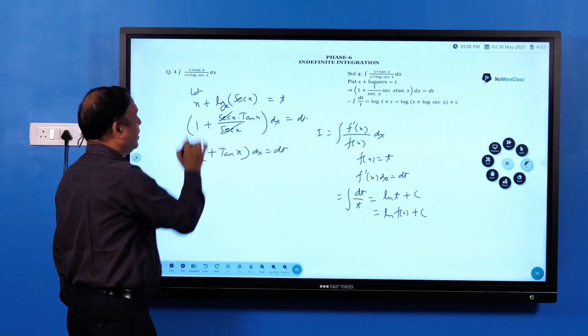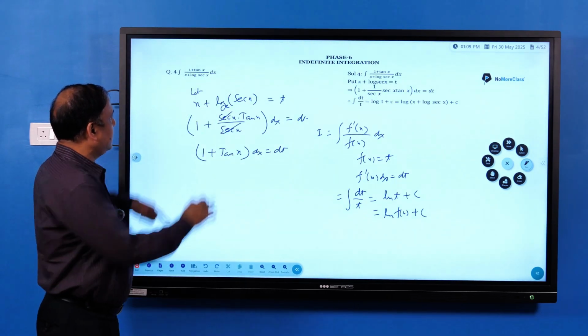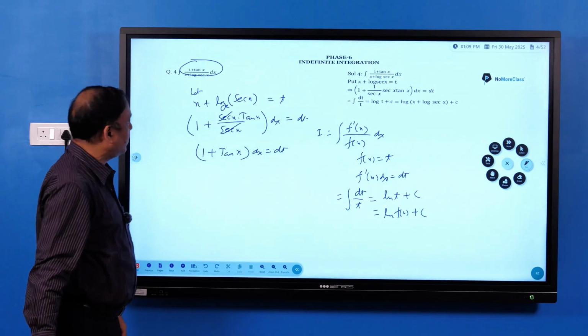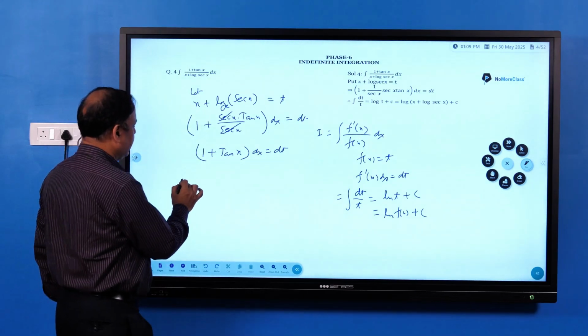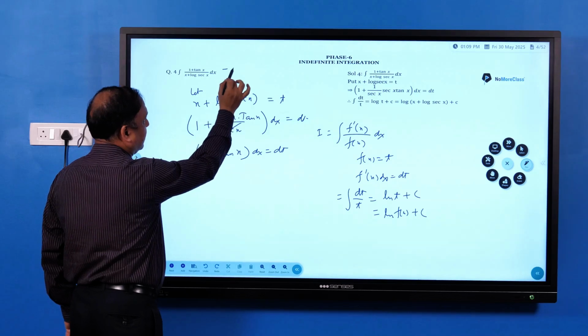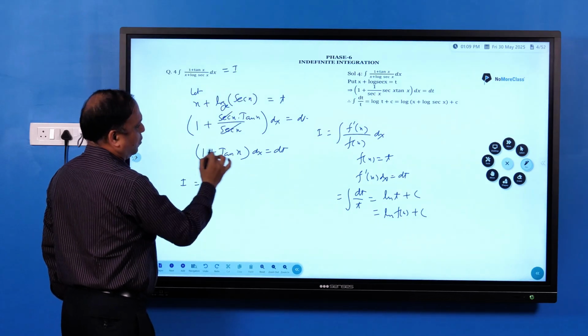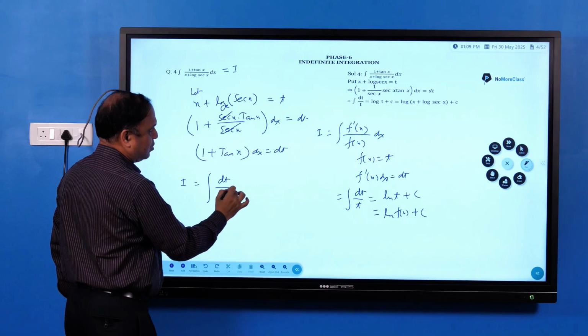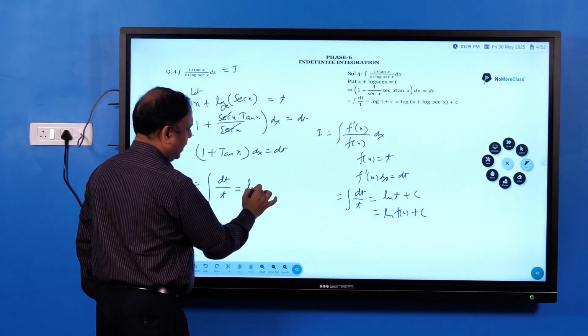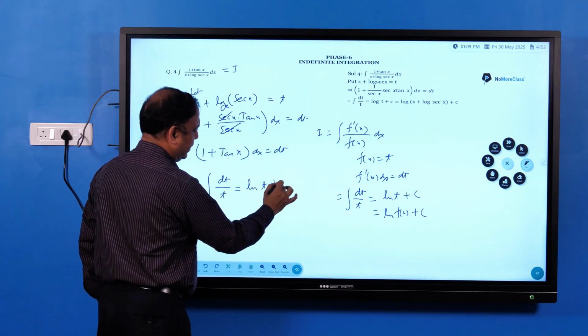So you can see this numerator part, 1 plus tan x dx. This numerator part is how much? dt. So the numerator part is dt. So this integration, I'm considering I, is equal to 1 plus tan x dx is dt upon t. So this will be equal to ln t plus c.